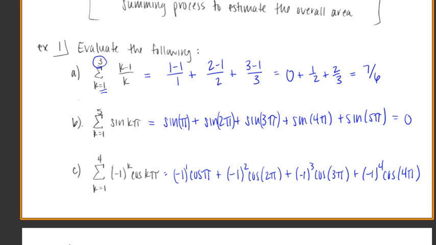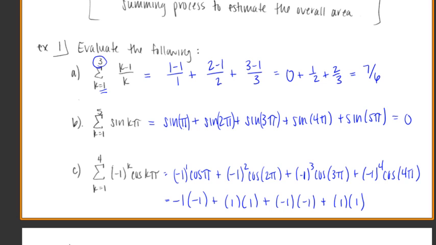Okay, so cleaning this up, we'll get -1 times the cosine of pi, which is -1, plus +1 times the cosine of 2 pi, which is +1, plus -1 times -1, plus +1 times +1.